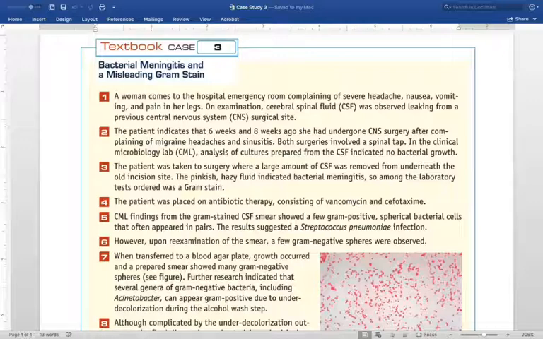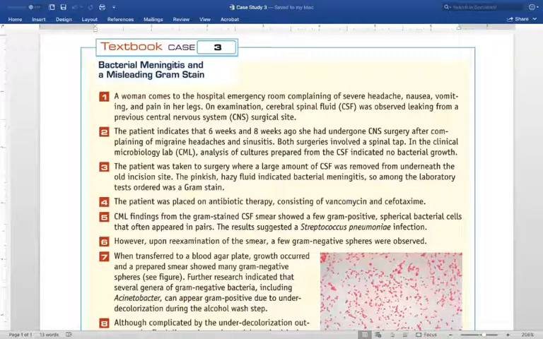It says, a woman comes to the hospital emergency room complaining of severe headache, nausea, vomiting, and pain in her legs. Upon examination, cerebral spinal fluid was observed leaking from a previous central nervous system surgical site. Patient indicates that 6 weeks and 8 weeks ago she had undergone CNS surgery after complaining of a migraine headache and sinusitis.